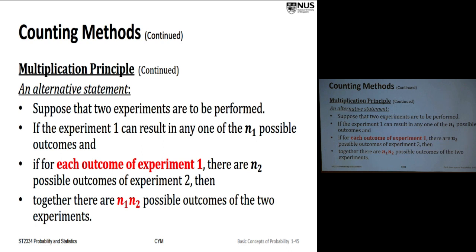In experiment 1 we have n1 possible outcomes, and for each of these n1 outcomes, we also have n2 outcomes in experiment 2. So altogether, these 2 experiments together, we have n1 times n2 outcomes.